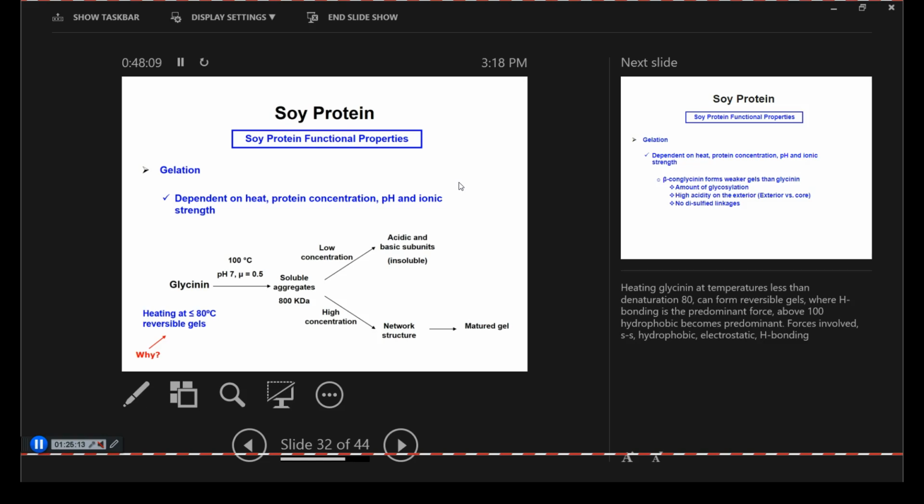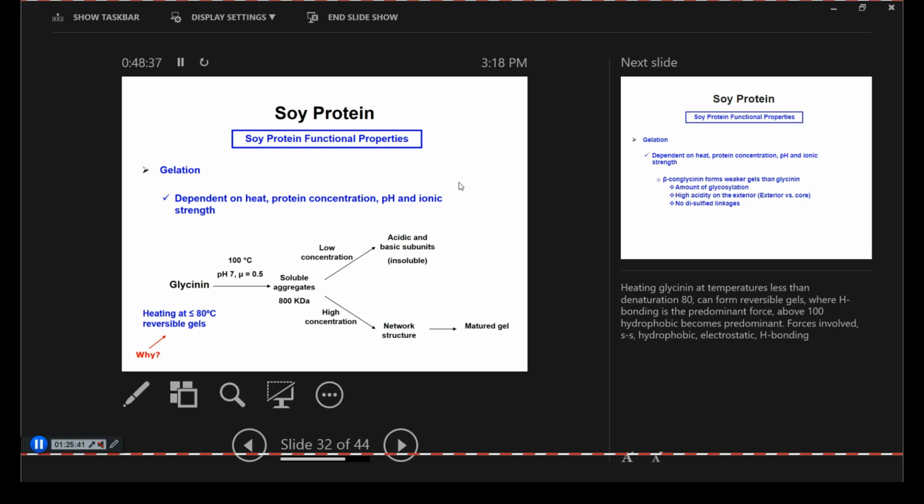If you heat at lower than 80 degrees, you get a reversible gel. Why do you think? We just talked about the thermal stability of these proteins. Lower than 80, what is not denatured? Glycinin is not denatured.